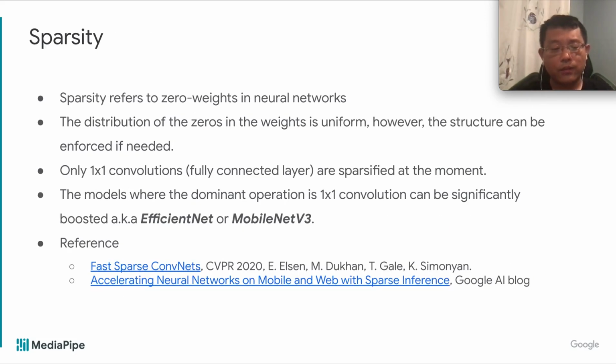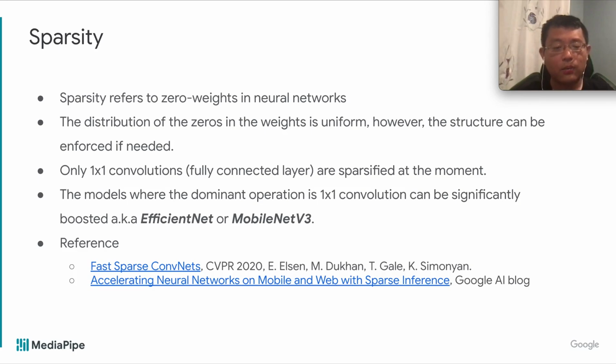Sparsity is one of our efforts for improving model inference. Sparsity refers to zero weights in neural networks. During training, we can drop some weights that are close to zero. The zero weights are uniformly distributed, but the structure can be enforced, so we can accelerate the model inference.